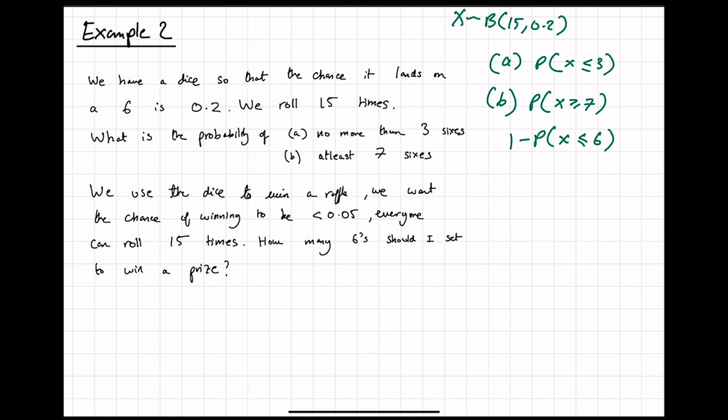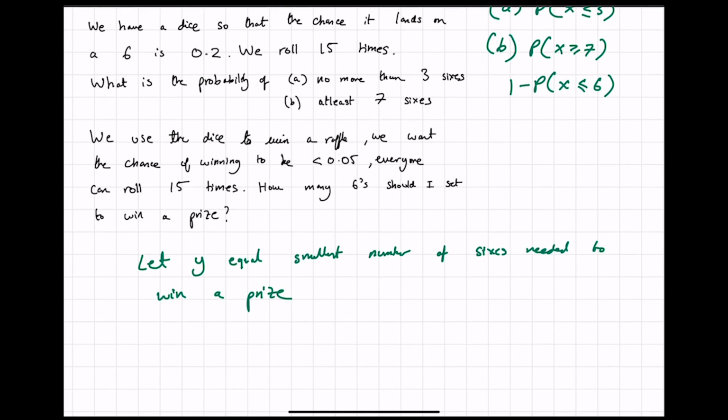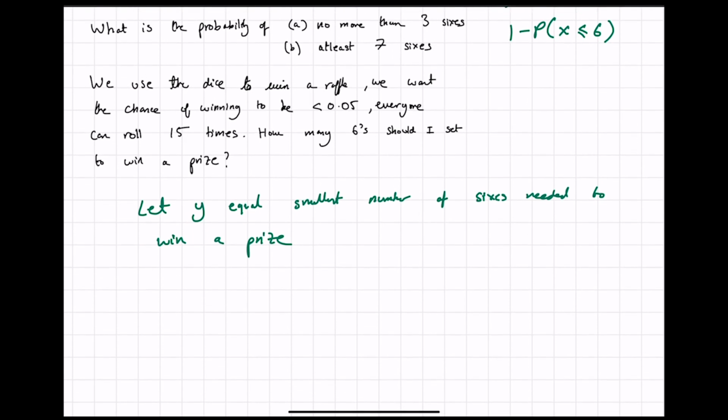So in order to do a question like that, what we have to say is, let's say y equal to the smallest number of 6s needed to win a prize. So we say that y is the smallest number of 6s you need to win a prize. So, you know, if you needed 10, there's no point. We'll say what's the smallest number you need to win a prize.